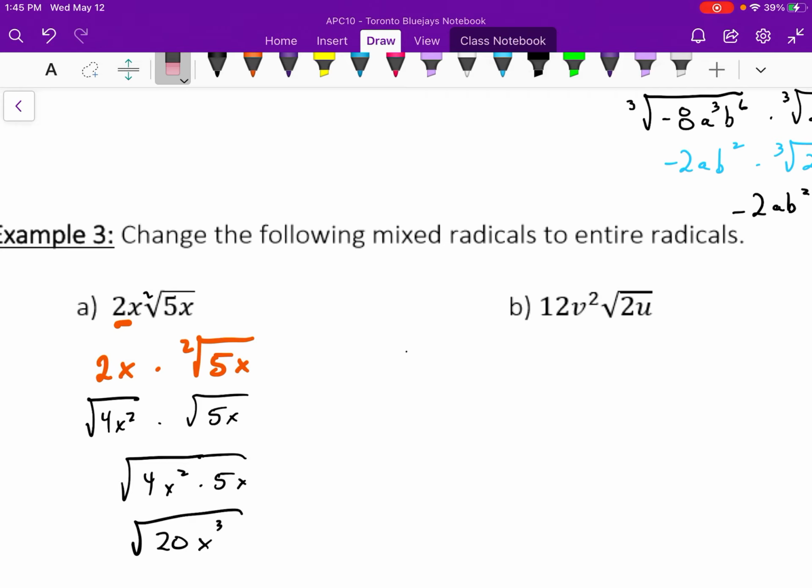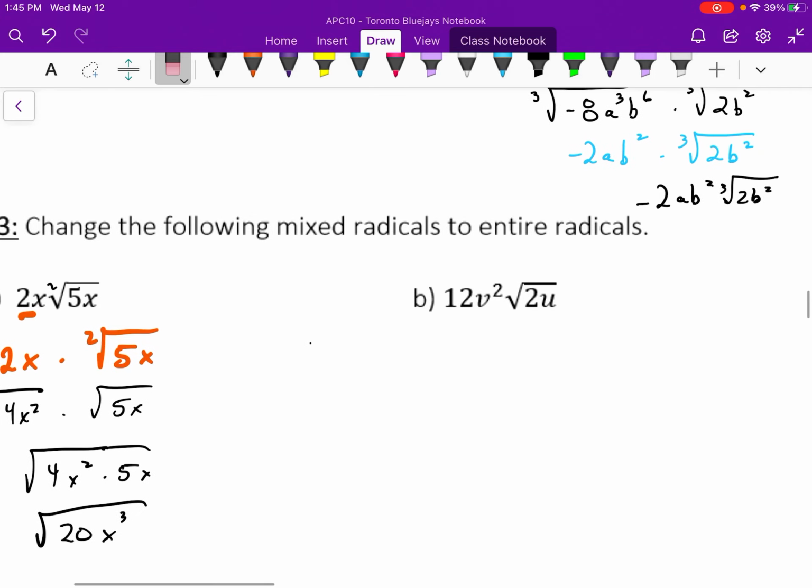So allow me to try to pick apart what's going on here. Now, I'm looking at this expression and I can see how people get confused. But it's really 12v squared times the square root of 2u.